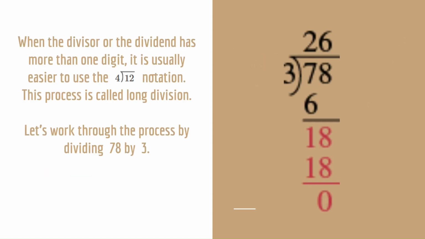When the divisor or the dividend has more than one digit, it is usually easier to use the 4)12 notation. This process is called long division. Let's work through the process by dividing 78 by 3.